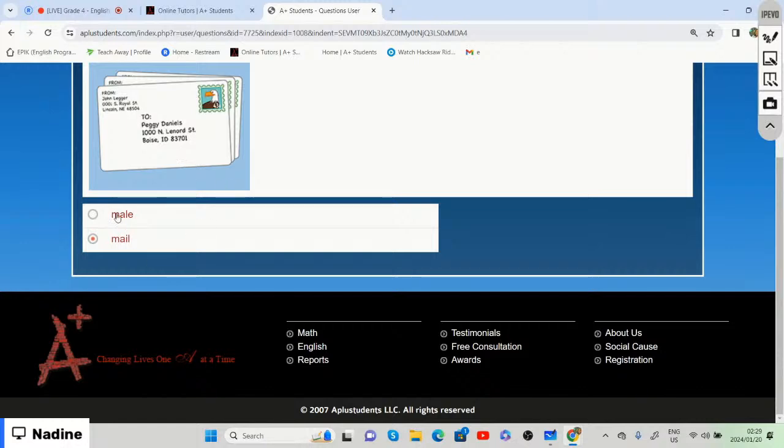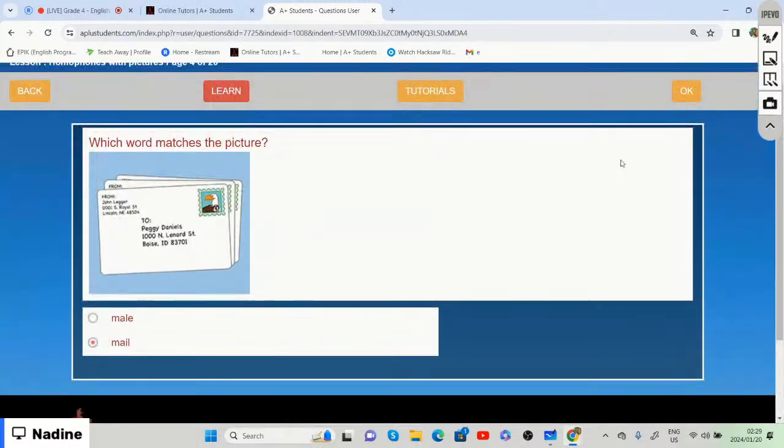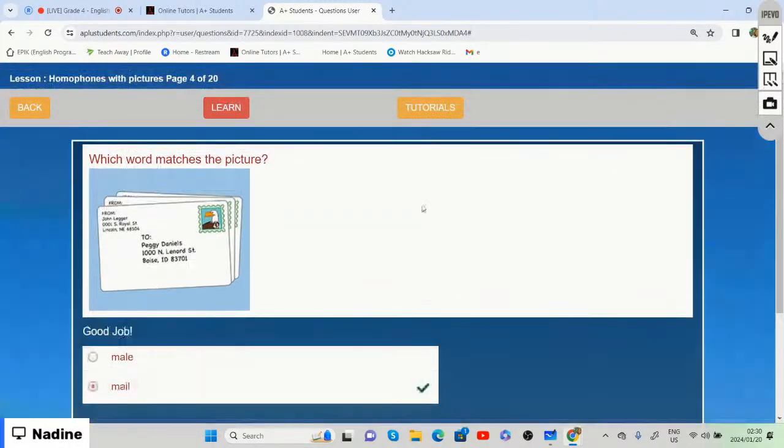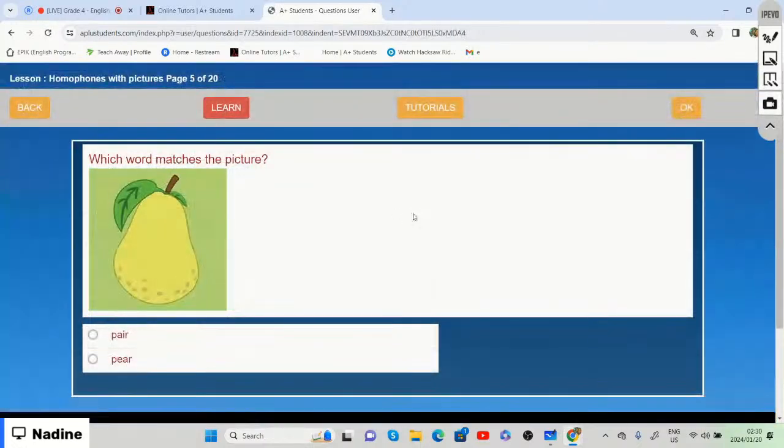All right, so we said male, and that is correct. All right, so now we're looking at the next one. This is a fruit. It says which word matches the picture.